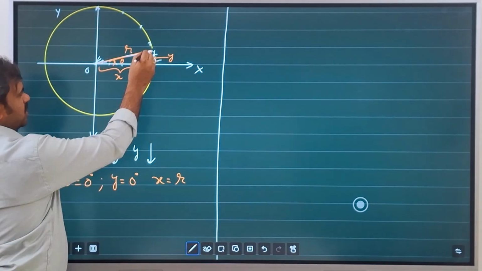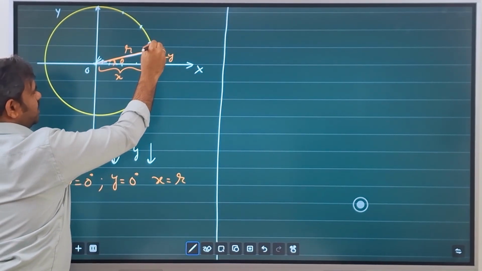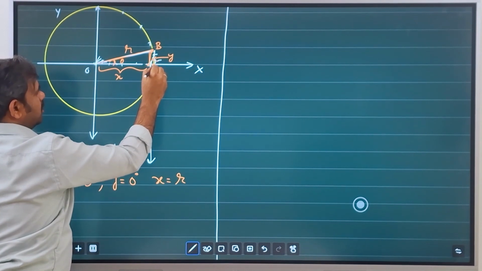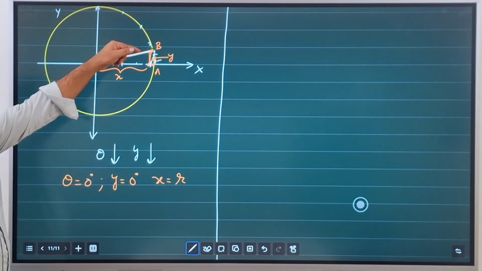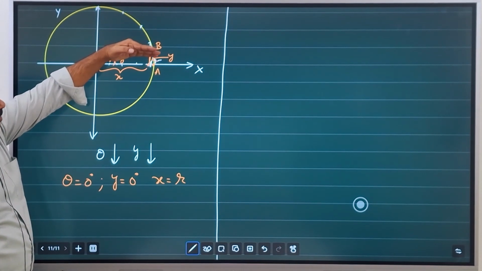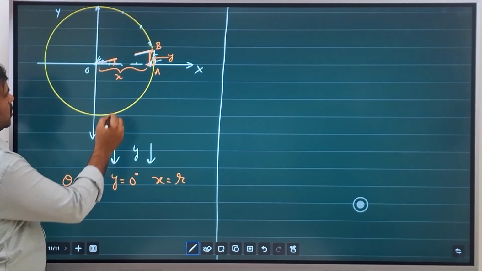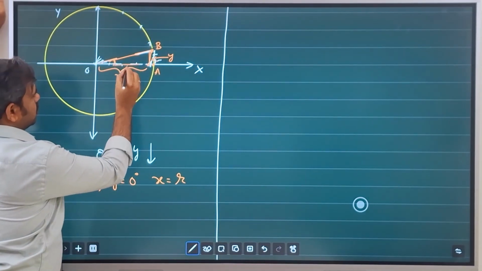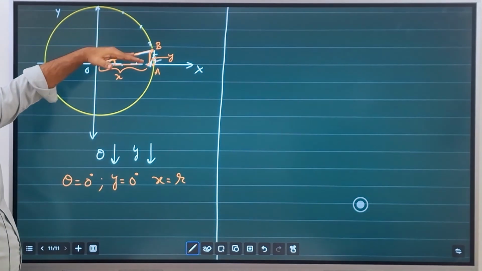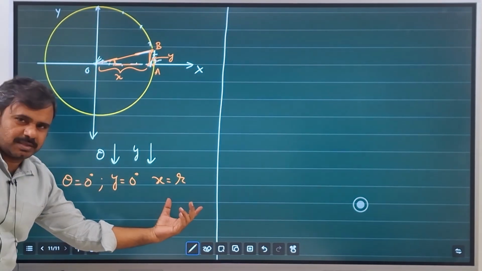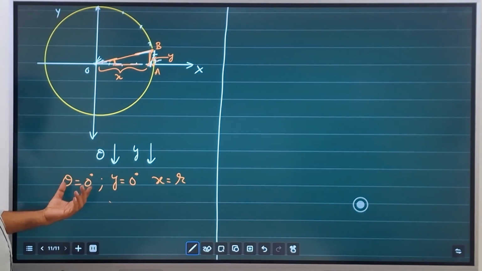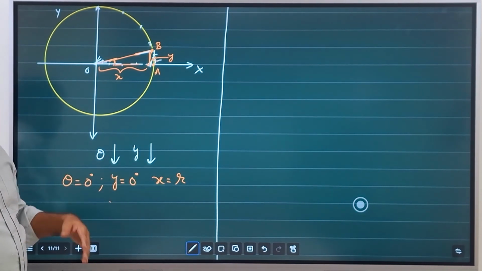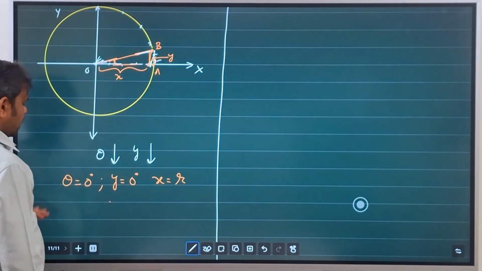When theta becomes 0 degrees, the vertex B falls on point A. So when theta decreases and B comes close to A, x becomes equal to the radius and y is equal to 0. So for theta equal to 0 degrees, y is equal to 0 and x is equal to r.